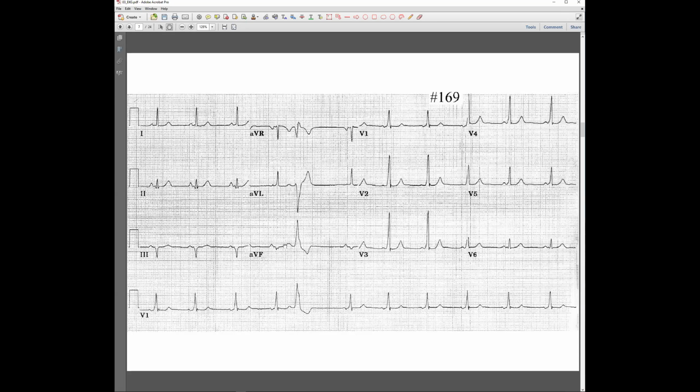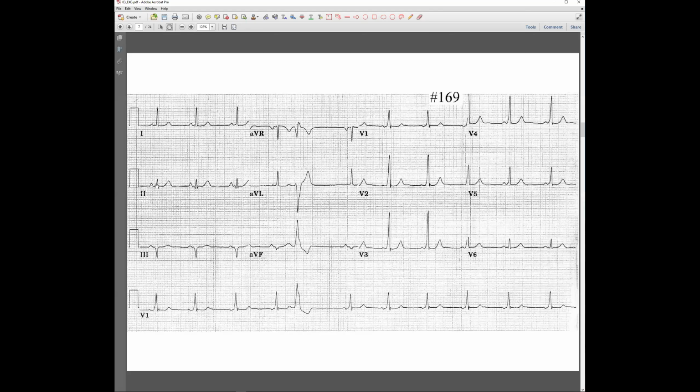Then I went over to aVF, and aVF was actually negative. Then I moved over to lead 2, and lead 2 is, as you can see, positive, and that's how I decided it's left deviation. Okay, very good.